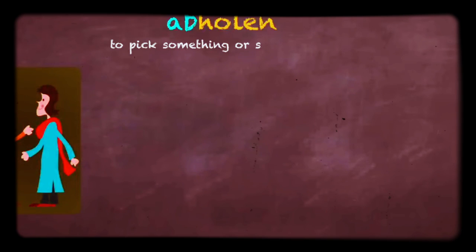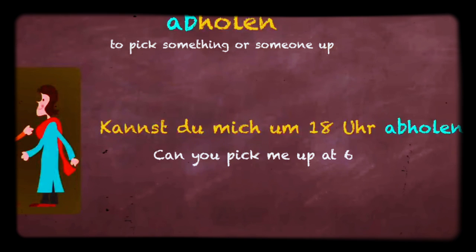The next verb is abholen, where the prefix is ab. Kannst du mich 18 Uhr abholen? If you notice, since we are using a modal verb here, the trennbares verb comes in infinitive at the end.